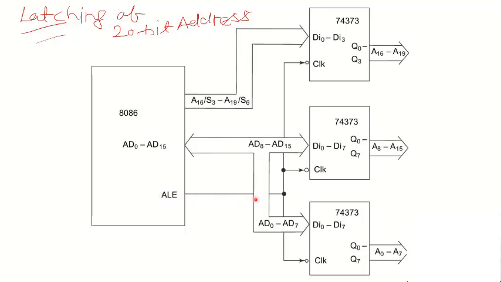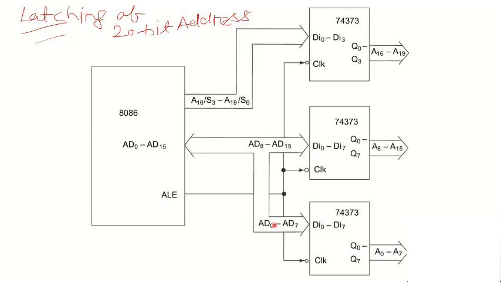This ALE is connected to all the 8282 or 74373 latches. Input DI0 to DI7 is applied AD0 to AD7, and the remaining 8 bits are applied here to get A8 to A15. From this we will get A0 to A7.